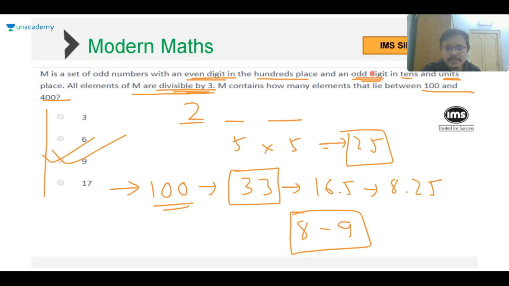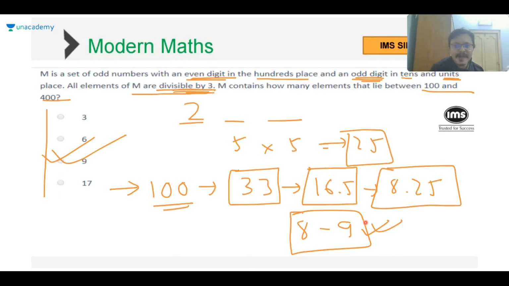What is the probability of an odd digit? Half. So I do half for the tens digit and again half for the units digit. So the answer is 8.25, which means 8 to 9. Simple. No need for pattern, no need for checking, nothing.